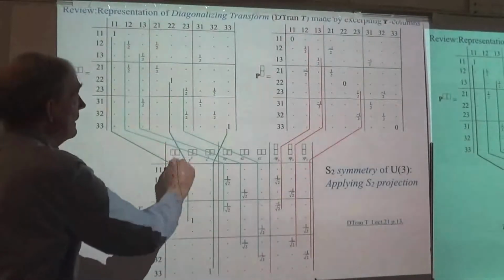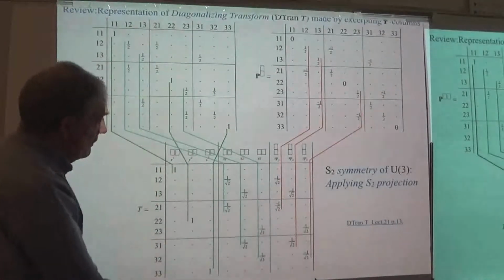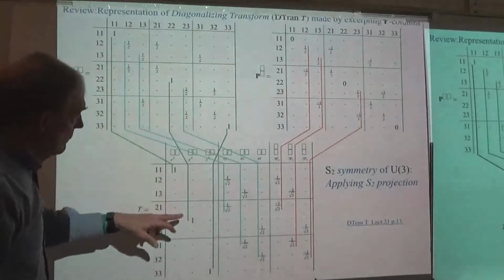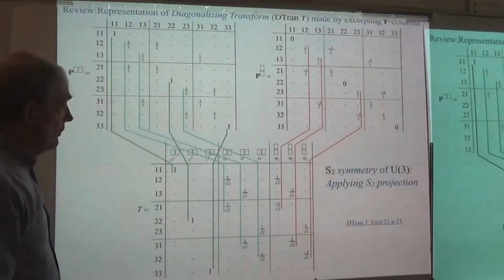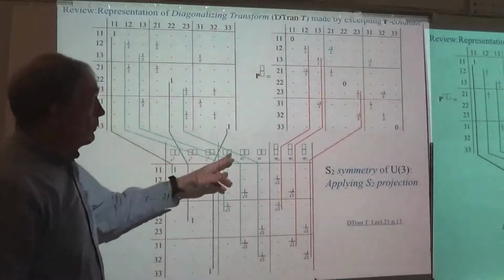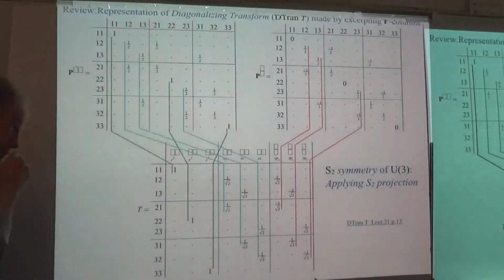There's this guy and this guy to make 3 columns that are very simple, only a single one in each of them right at the center of the blocks and then the edges. So they're all symmetric states that we're talking about in the previous few slides.